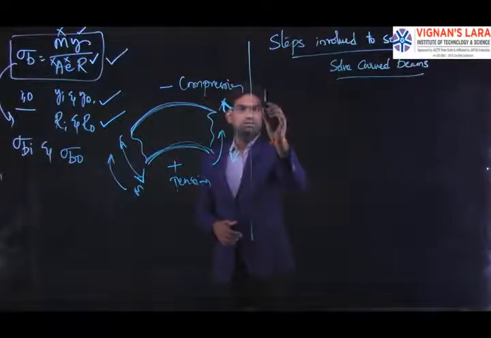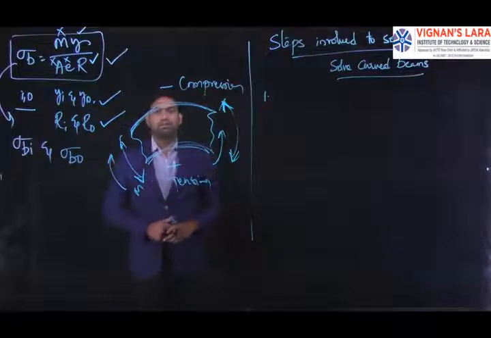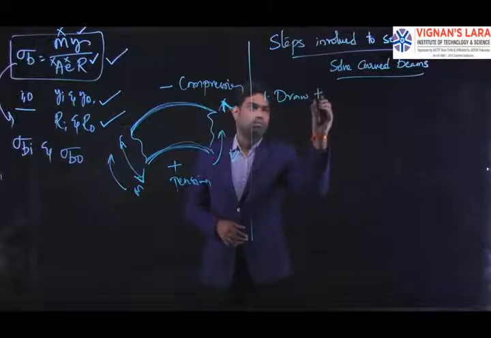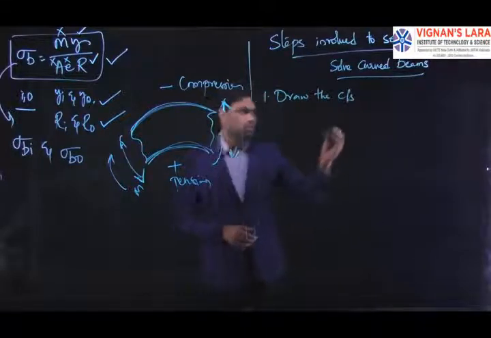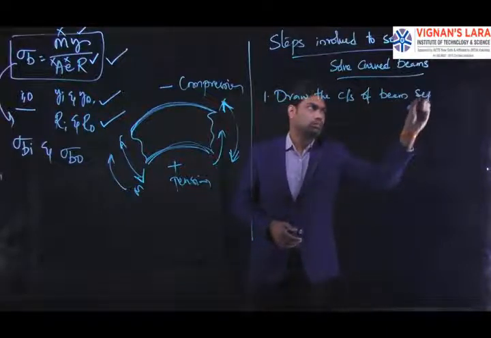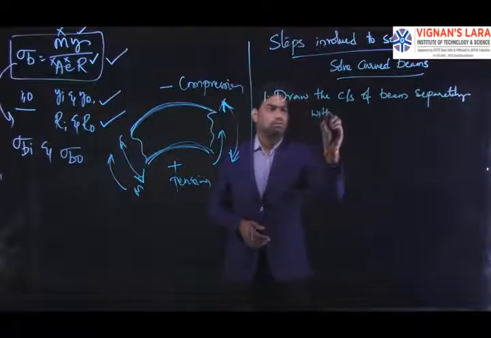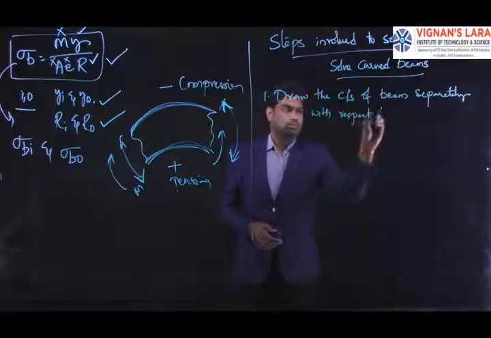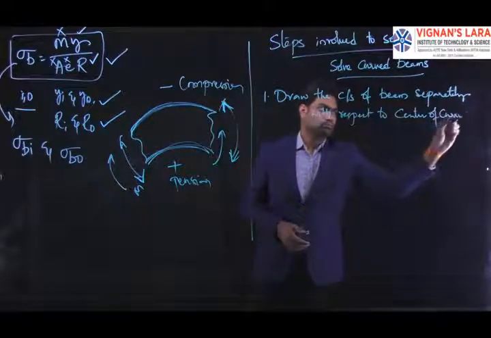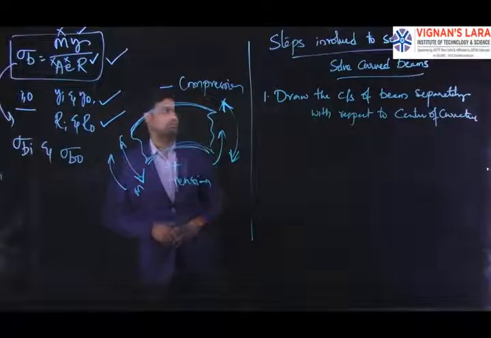Initially, in step 1, whatever the problem is that is given, we need to draw the cross section separately, with respect to the center of curvature. That is the very first step that we need to do in the problems.